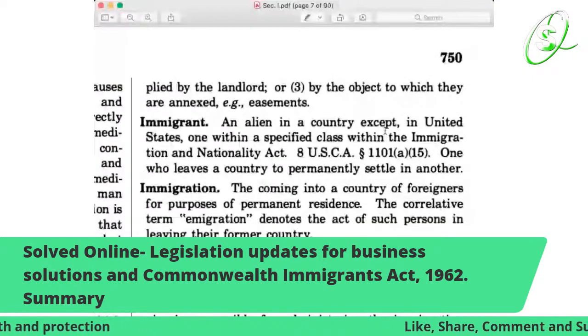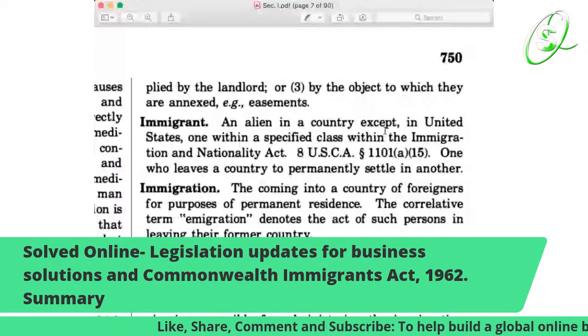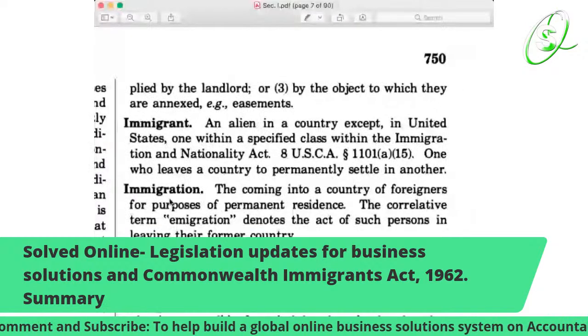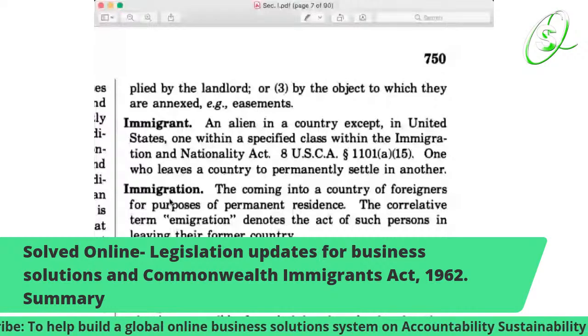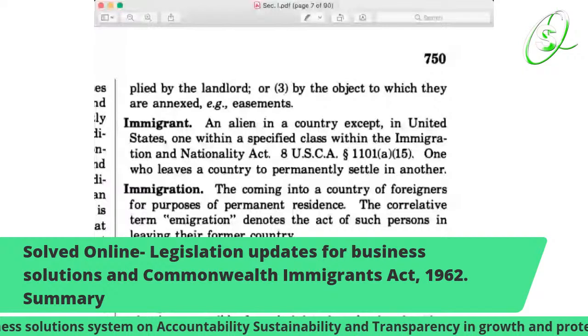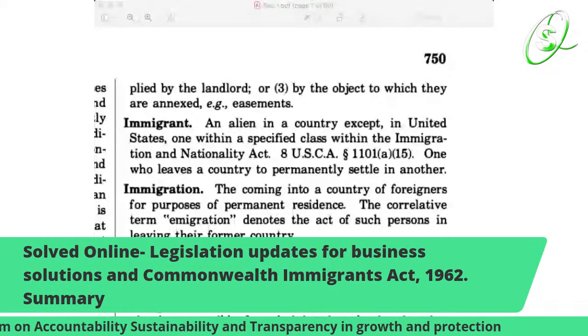The immigration. So Commonwealth, again. Also, just to refresh myself, the Commonwealth Immigrants Act for immigrants. So that's what it is.